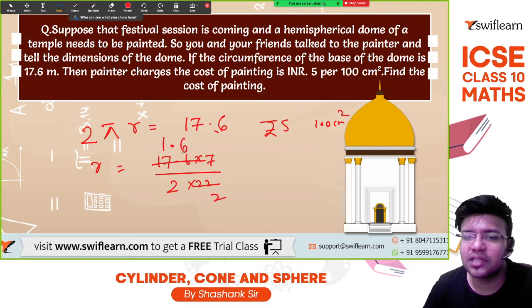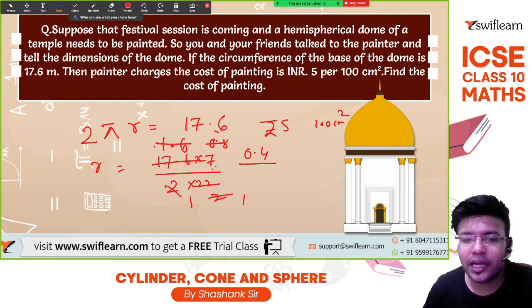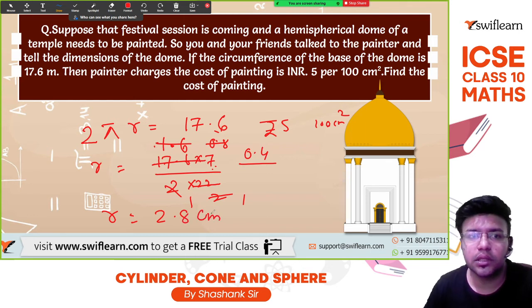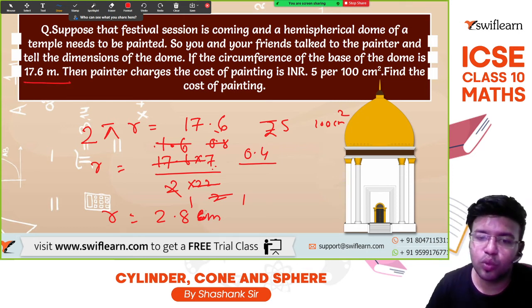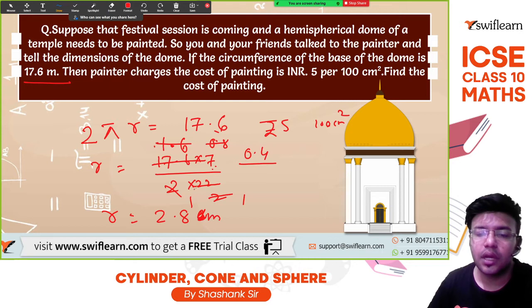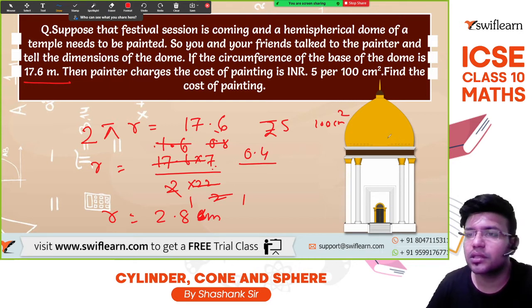Point 11 sixes are 66. 2 ones are 2, 2 eights are 16. 2 ones are 2, 2 fours are 8. 0.4 into 7, 7 fours are 28. R is equal to 2.8 meters, sorry, not centimeters. The dome is this much in meters. So 2.8 meters, the radius of the dome.